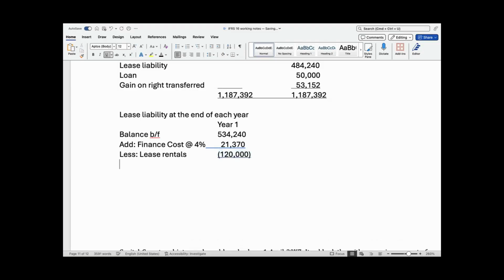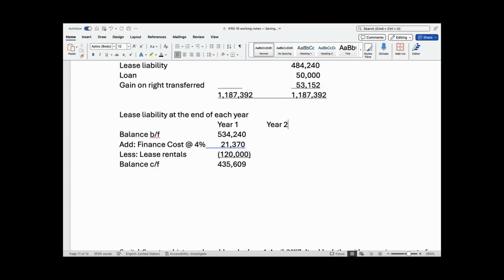The balance will be this plus 534,240 minus 120,000 lease rentals. This will be 435,609.